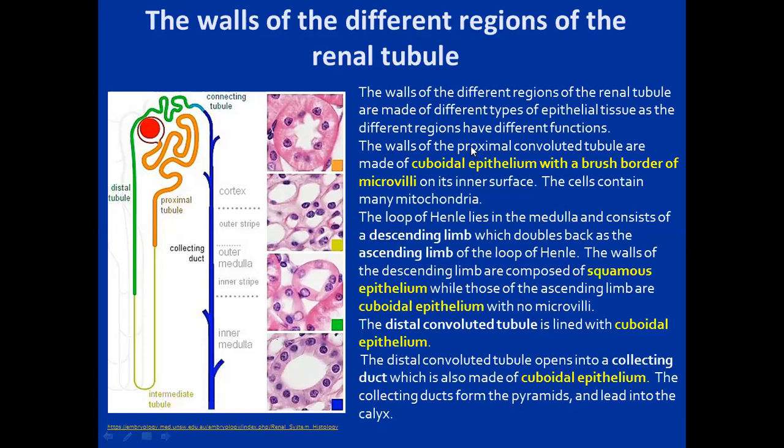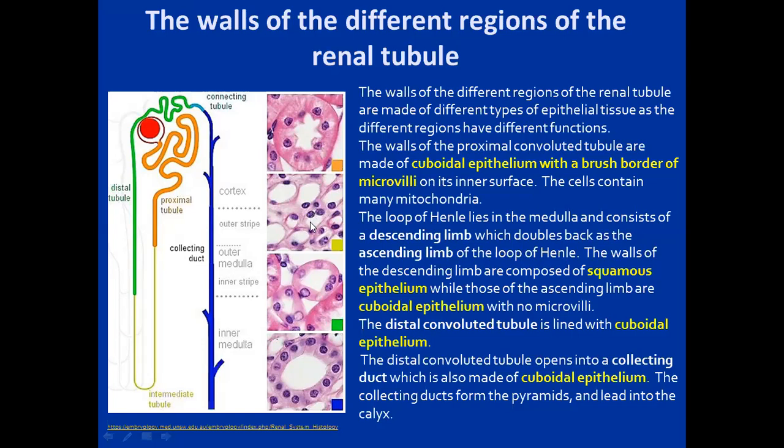Okay, so let's have a look. Proximal convoluted tubule, cuboidal epithelium with a brush border of microvilli, and many mitochondria in those cells. So this top micrograph shows you a cross-section of proximal convoluted tubule. Look, you can see, because this little color key here shows that it comes from the proximal convoluted tubule. Right, cuboidal epithelial cells with microvilli.